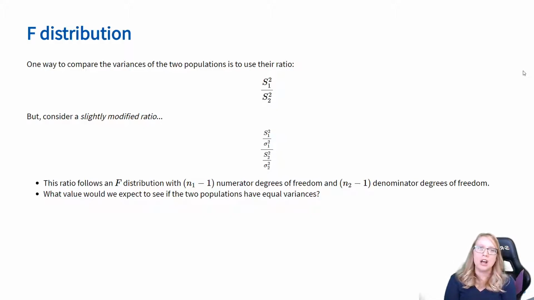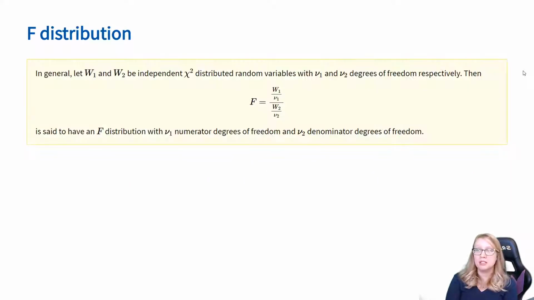This turns out to follow an F distribution with n1 minus 1 numerator degrees of freedom and n2 minus 1 denominator degrees of freedom. So if the two populations have equal variances, then the sigmas will cancel out. These s's should be approximately equal as well, so we would expect in that case to see F statistics near 1.